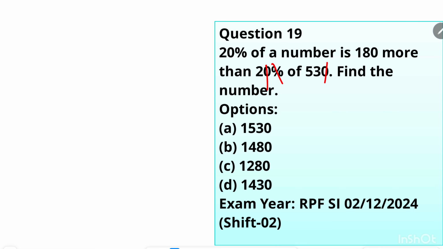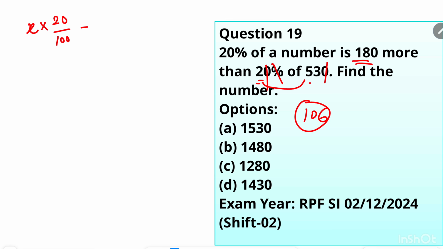If you multiply 53 with 2, it will give you 106, right? So let that number be x, and 20% of that number is 180 more than 20% of this number.